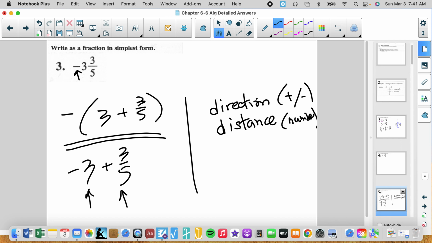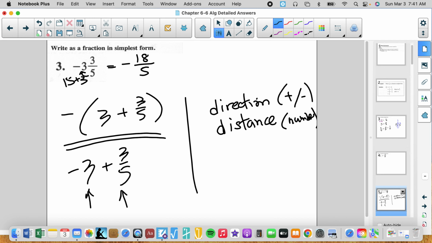So students oftentimes, when they do this, they do 5 times negative 3 is negative 15, and then they do plus 3, and they make it negative 12. But it's not plus 3. It's 5 times 3 is 15. Plus 3 is 18, and then the direction is still negative.